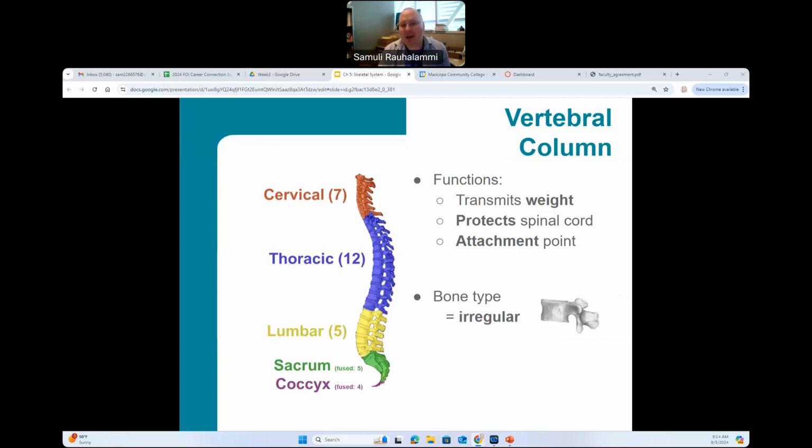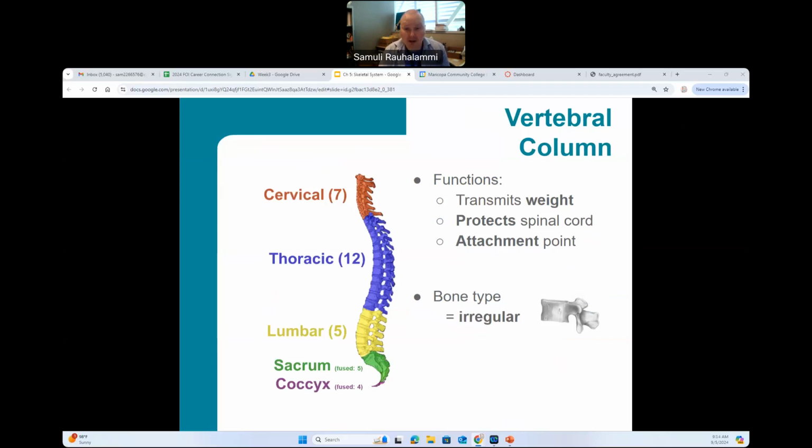Then we're going to see the thoracic vertebrae. These are formed from 12 different bones, and this is where the ribs attach. We're also going to see the lumbar vertebrae, 5 different bones that make up the lower back region. And finally, we have our sacrum and coccyx.